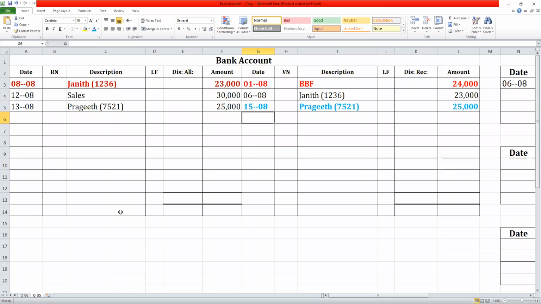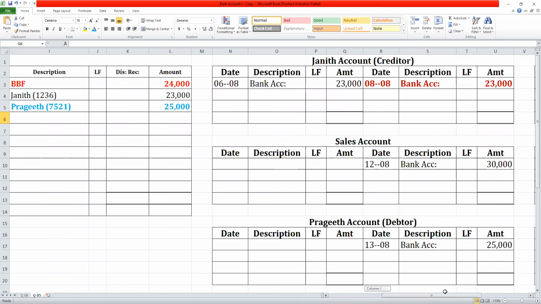So bank account is credited. Why? This deposit is not being processed. So to cancel it. So don't forget to debit it to Prageet's account. Why? We haven't received this payment. The date is 15th August. Bank account.